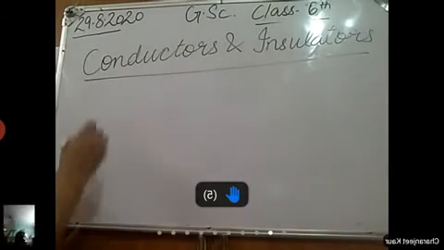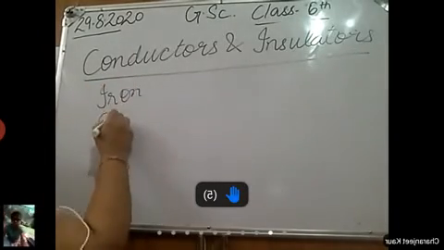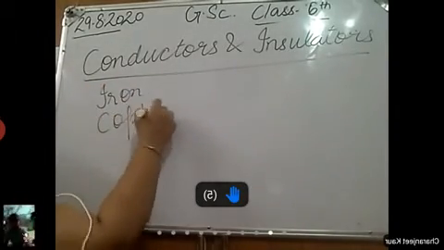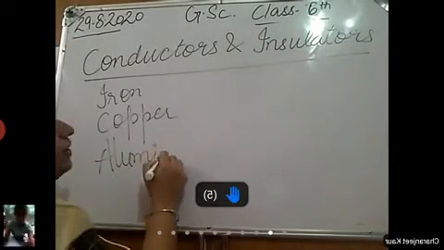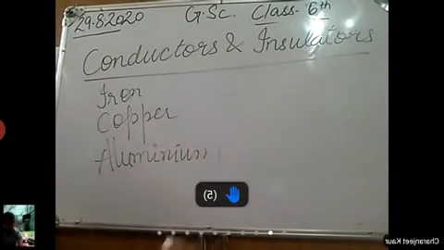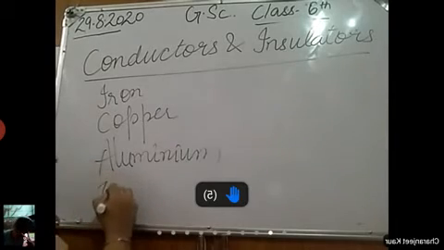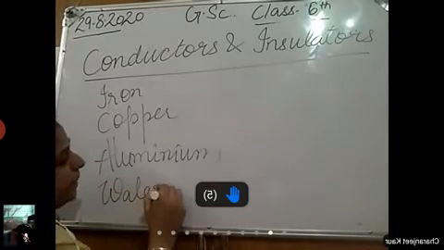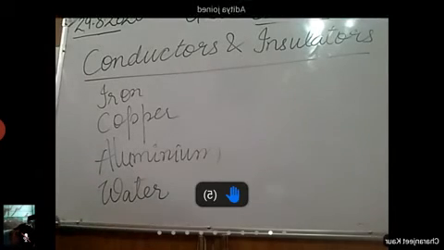For example iron, metals, जितने भी मेटल्स हैं, copper, aluminium, they all allow electric current to pass through them. Even water is also a conductor. You know, electric current can pass through water.